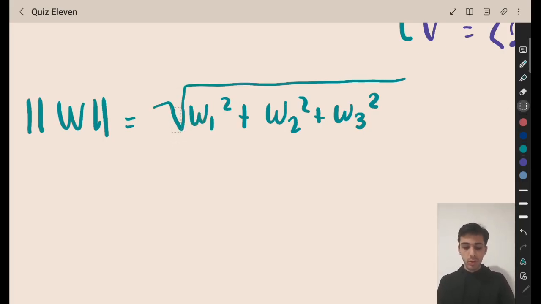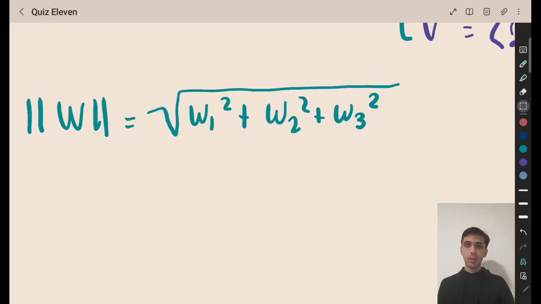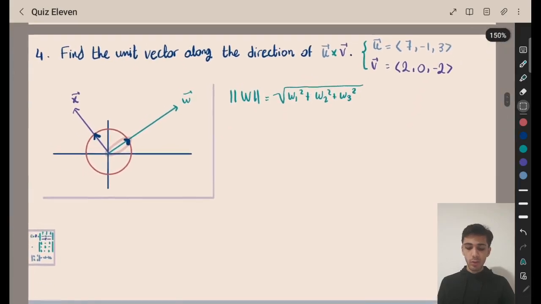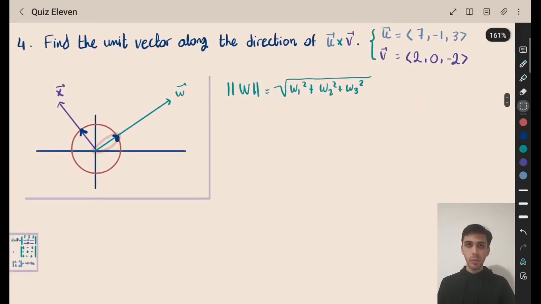So we take the square root of all the components squared. This is the standard norm, you could say. There are other ways to measure the length of a vector, but this is the Euclidean norm, the normal one that should actually measure a normal distance. Normal in the sense that we're used to. Okay, so this is the norm.